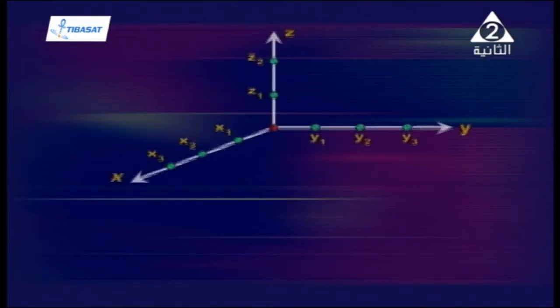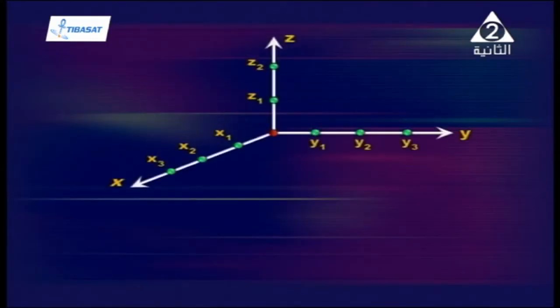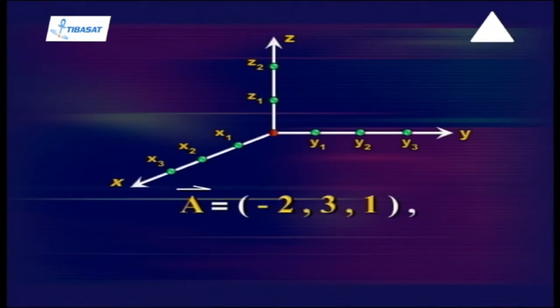Example. My dear student, we have 3 dimensions x, y, z. Vector A is (negative 2, 3, 1). How do we determine negative 2, 3, 1? We can represent vector A by determining negative 2 on the x-axis and 3 on the y-axis, then we move 1 unit parallel to the z-axis.